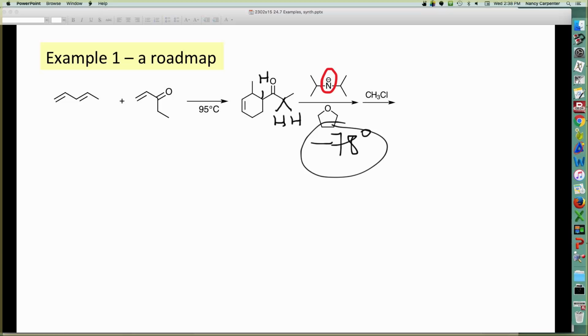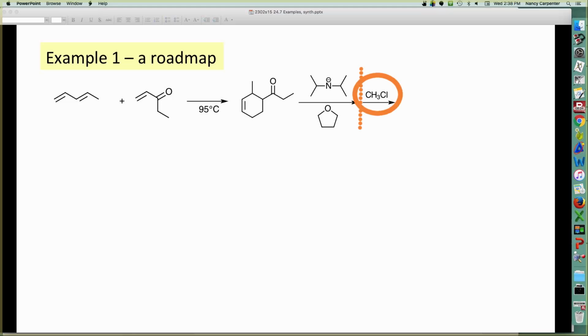And, well, what's going on here? Oh, yeah. That is a carbon with a leaving group on it. Big time delta positive. I must be thinking about a substitution reaction here. So cleaning up this whole mess, whatever I am making right here has to be a nucleophile because I'm reacting it with an electrophile right there.